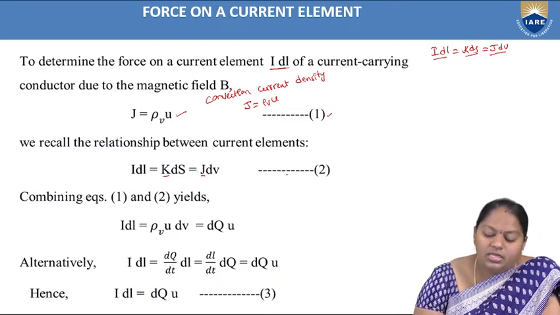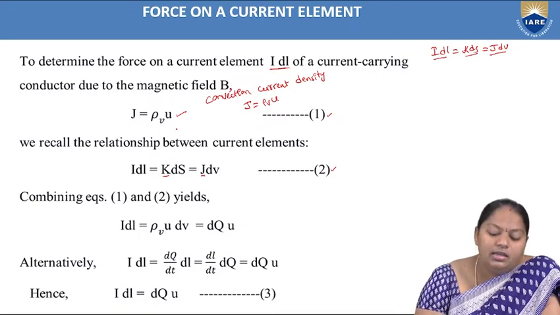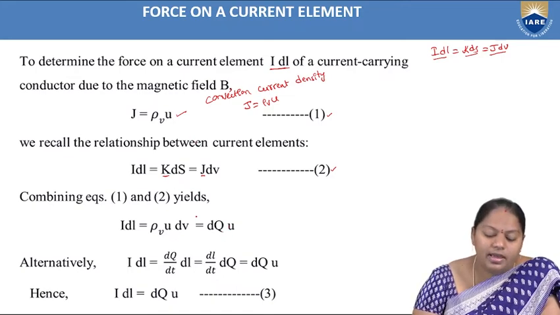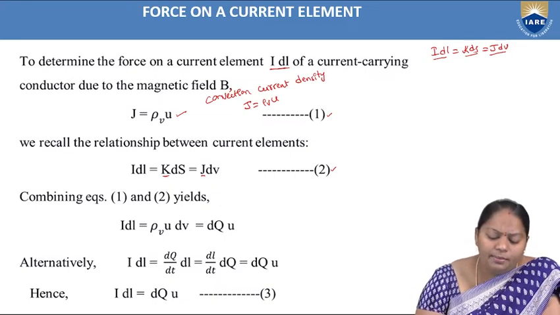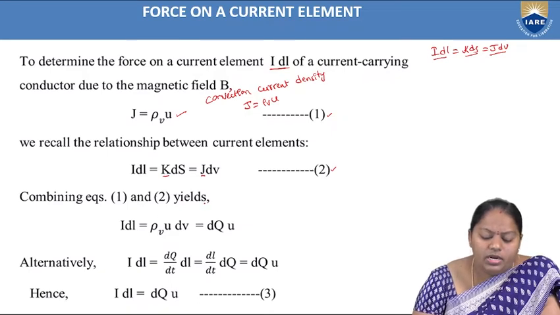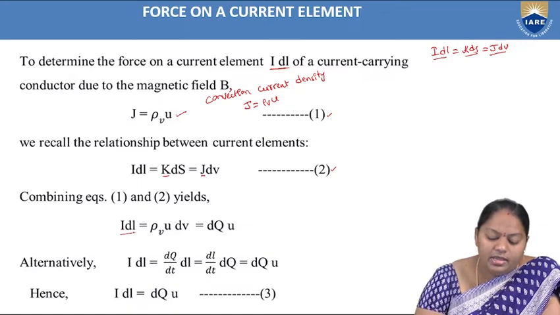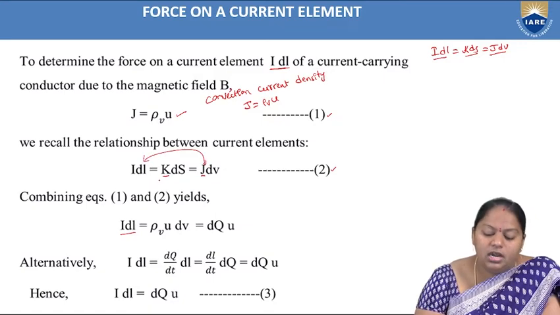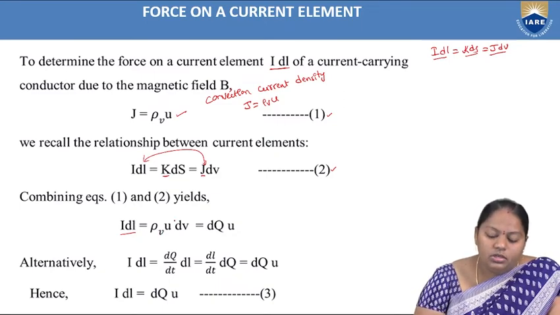Consider this as equation number 2. From equation 1, the convection current density relation is J equal to rho V into U, and from the relationship between the three current elements, IDL equal to KDS equal to JdV. Now combining equations 1 and 2 yields, considering the first and third relations, IDL equal to J into dV.